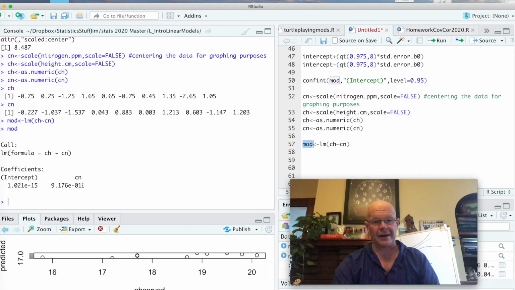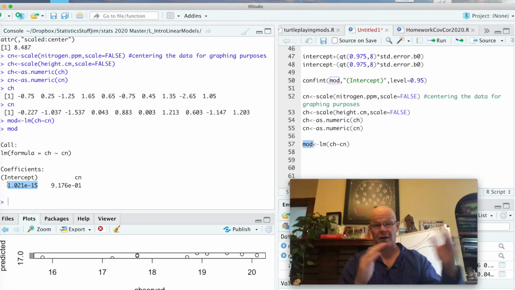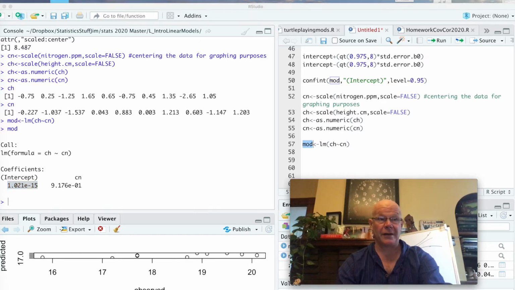And notice that the slope has not changed, but the intercept is now at 0. Again, that's a rounding error in R. R doesn't know any better. It's doing the best it can as a computer. That is essentially 0 because we've centered all of our data. The intercept should go through the mean of X and the mean of Y.